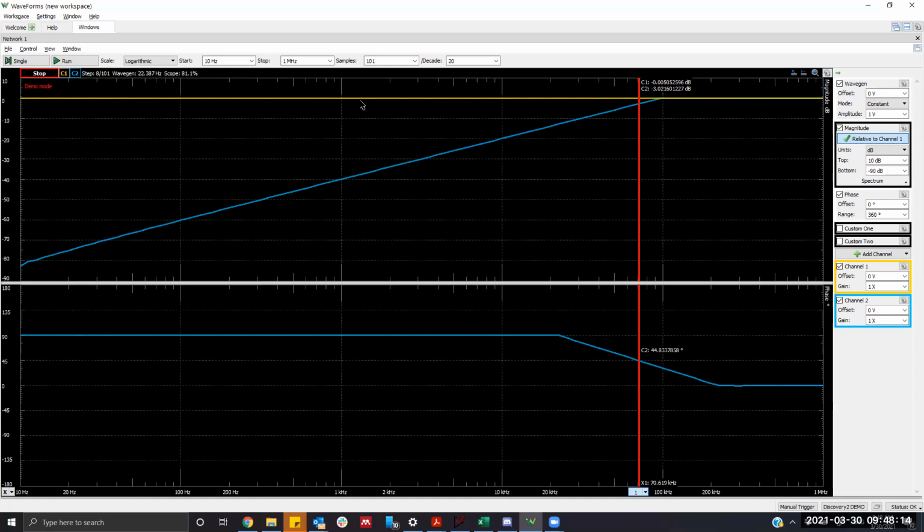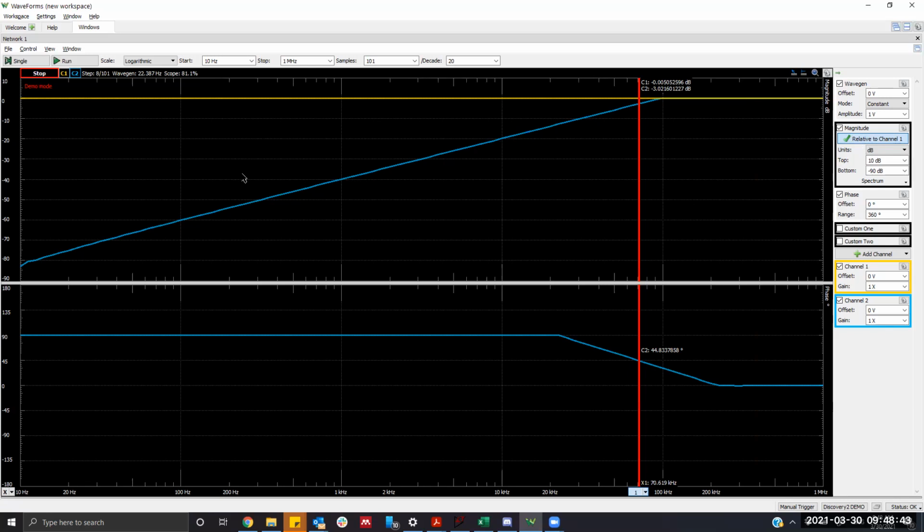If you swap the two, then you will not get correct plots, because by default, the network analyzer uses channel 1 as the reference and channel 2 as the signal being measured. Okay. All right. So that basically is it about the network analyzer.